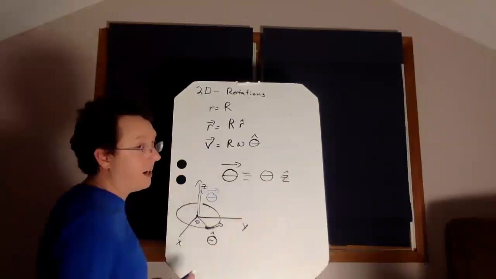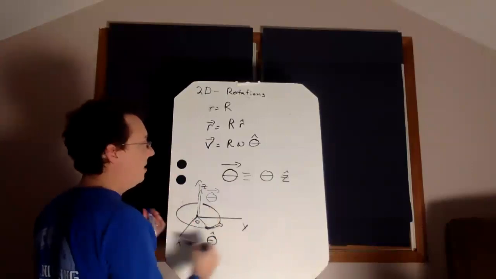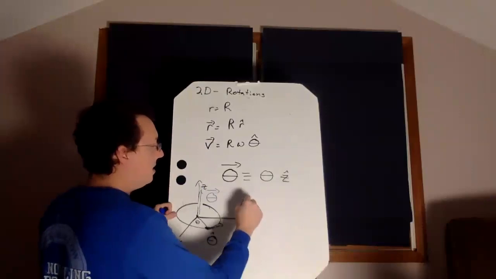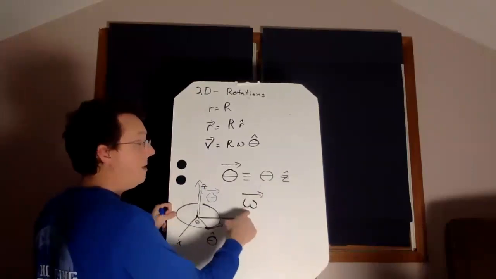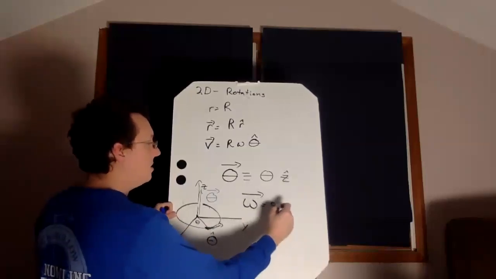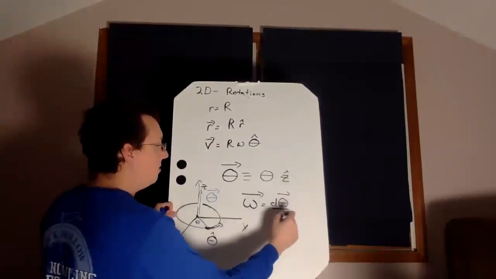Now, that's not really the one I care about. The one I want is the first derivative of it. Because z is a constant unit vector, I can define a new vector, which I call omega vector. Not omega, not the scalar omega. It's omega vector, which is the derivative of theta vector with respect to time.